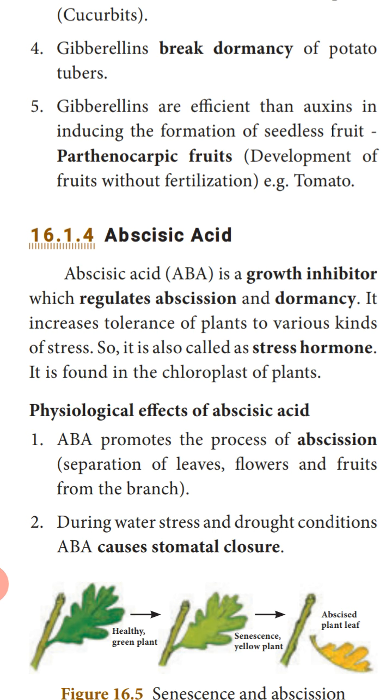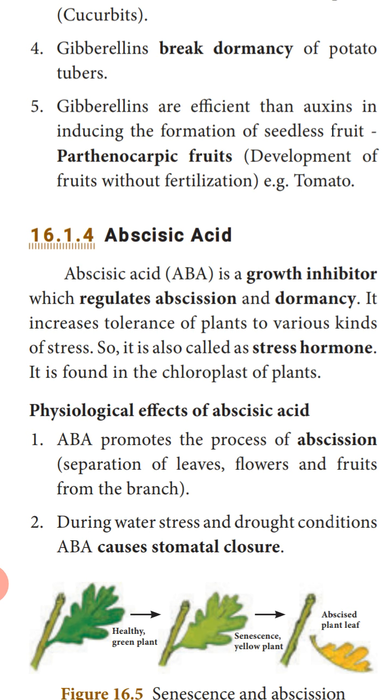Next is during water stress and drought condition. When there is lack of water or in the drought condition, ABA causes the closure of stomata. As we know, what are stomata? They are the small pores found in the epidermis through which exchange of gases and loss of water takes place. Now, the plant is already growing in a condition where there is lack of water, in a drought condition. So if the stomata are open, what will happen?